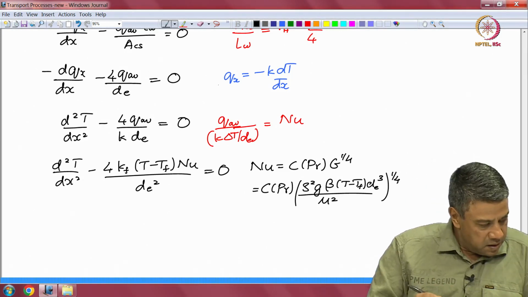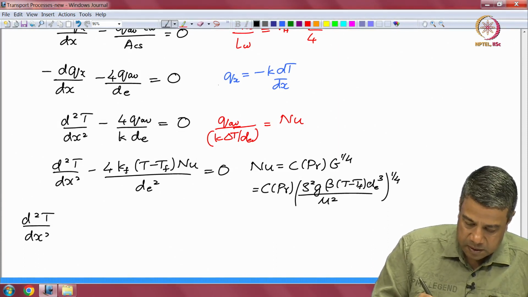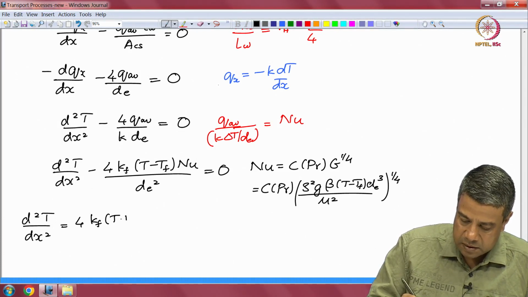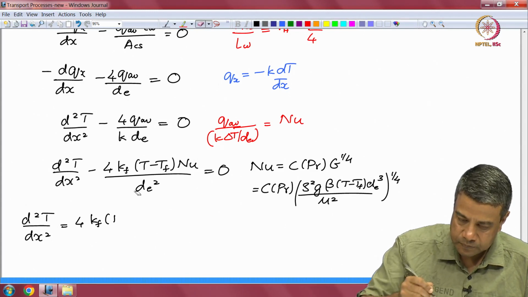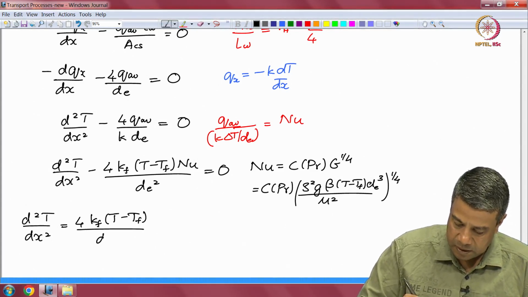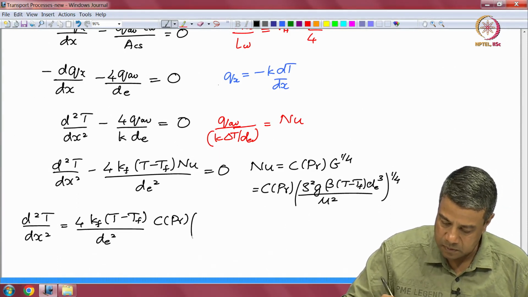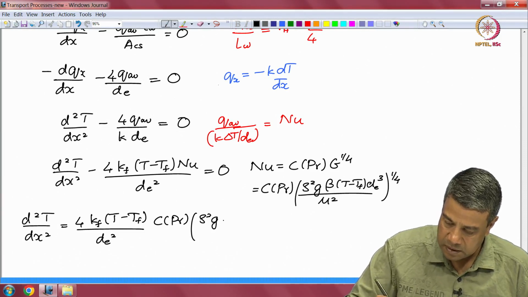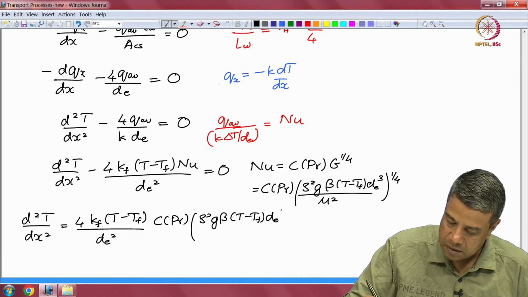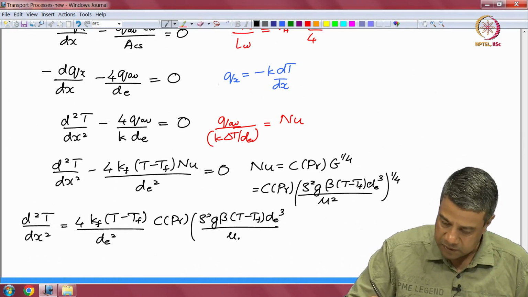So I'll get d square T by dx square is equal to 4 kf into T minus Tf by dE square, into some function of Pr into rho square g beta T minus Tf dE cubed by mu f square.